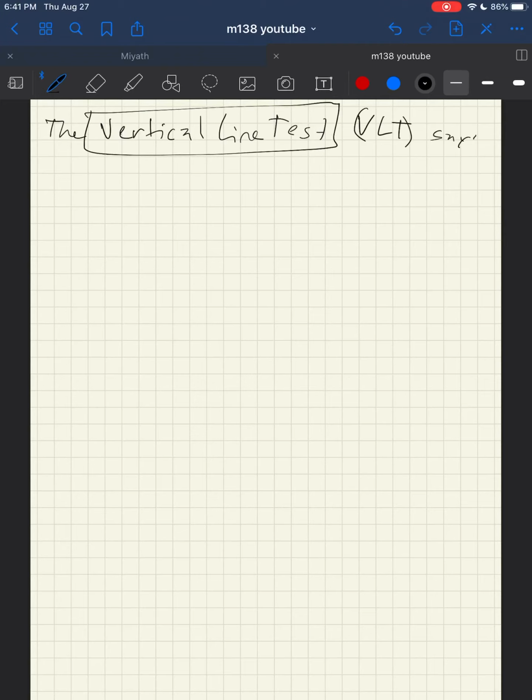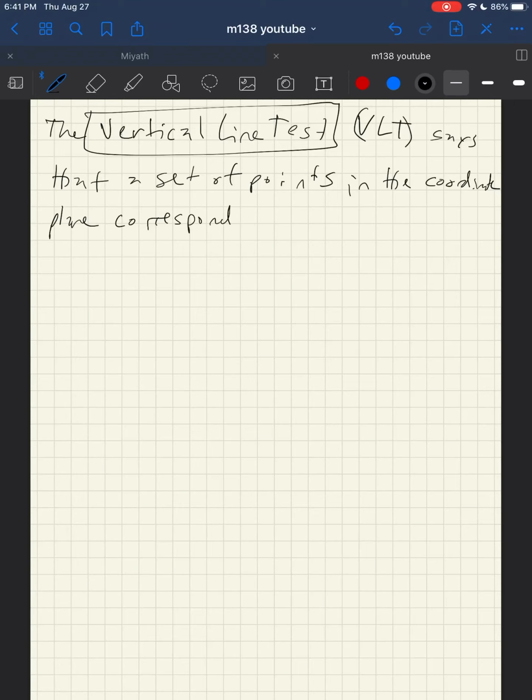Okay, so moving on. The vertical line test, which we'll be using, call it VLT, says that a set of points in the coordinate plane correspond to the graph of a function if and only if, so IFF you'll recall is if and only if, so it's not misspelled.